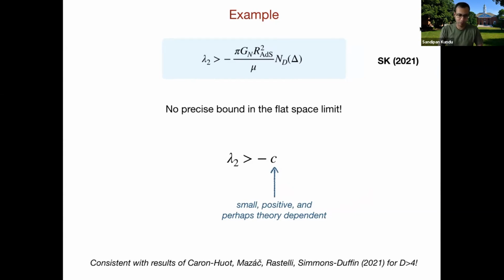But the important point is this lambda 2 coefficient can now be a little bit negative, and this is actually consistent with flat space arguments by Caron-Huot, Mazac, Rastelli, and Simmons-Duffin from earlier this year, where they derive similar statements in d greater than 4.